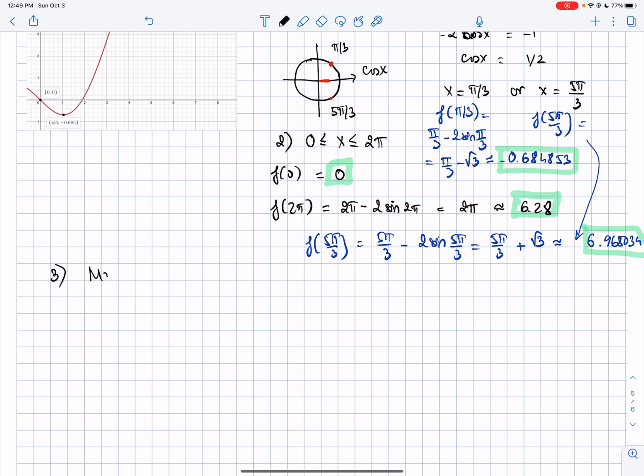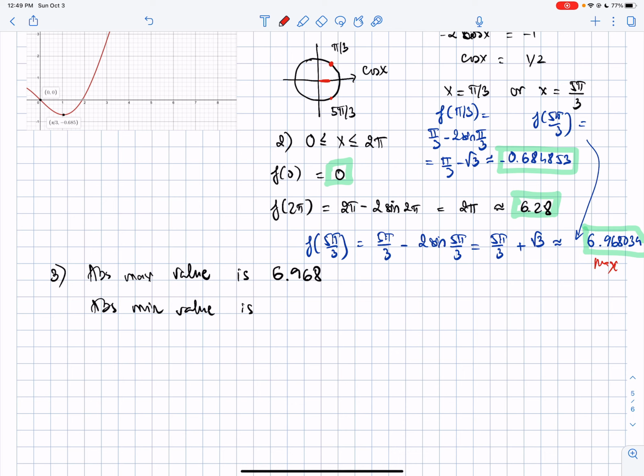So the absolute max is 6.96, right? It happens at 5 pi over 3. So the absolute maximum value is 6.968, and the absolute minimum value is, so this is the max, right?